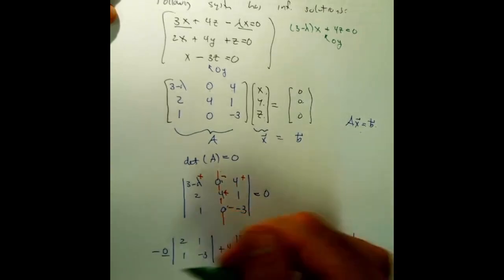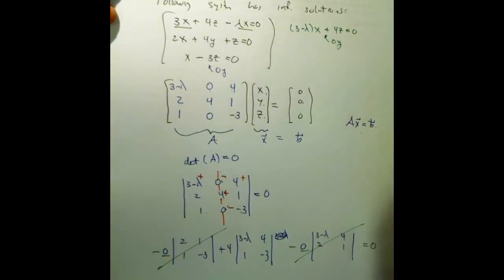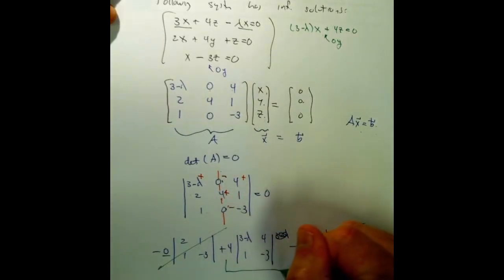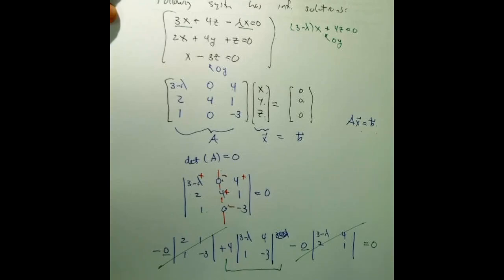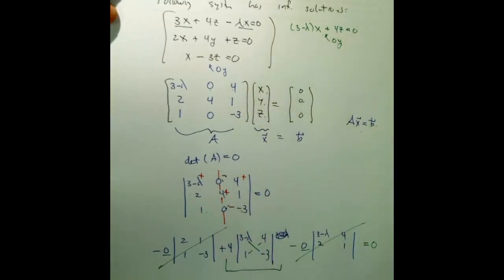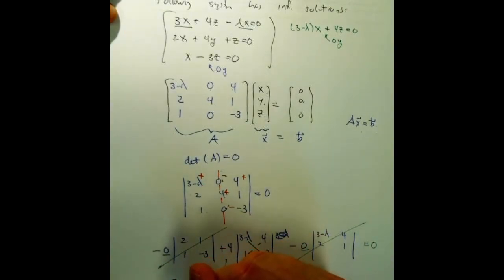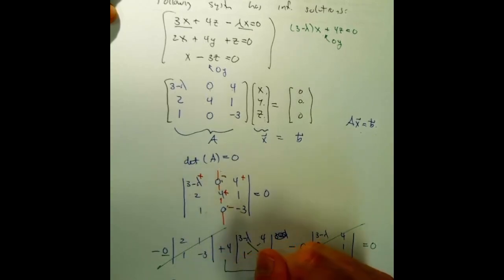Again, I immediately see those are zeros, so I don't care about those. So I want this whole thing to be 0. And because this is a 2 by 2, I can immediately just take this determinant. So this is 4 times the quantity, minus 3 times 3 minus lambda, minus 4 times 1 is 0.